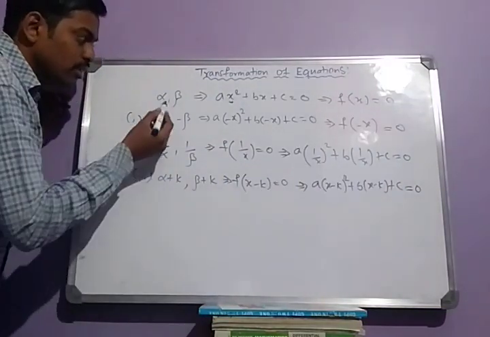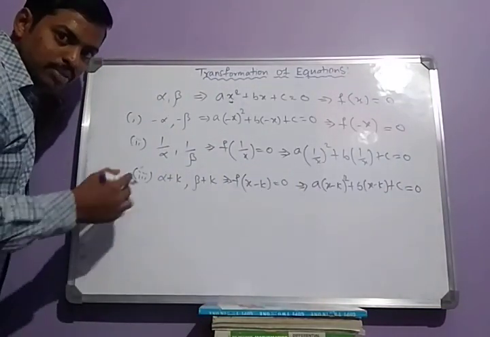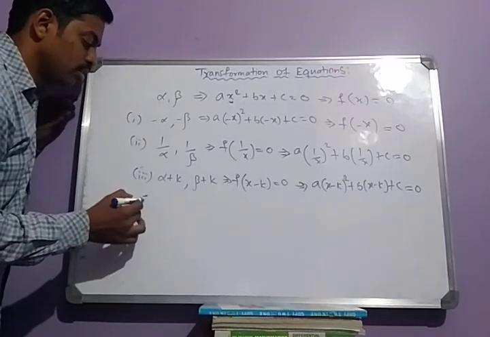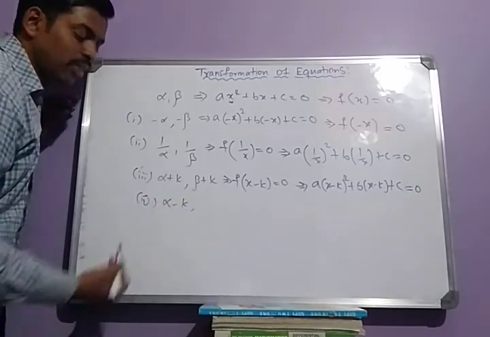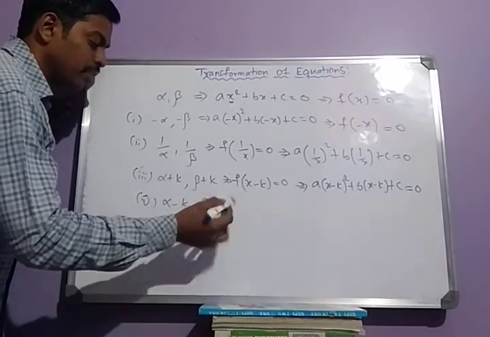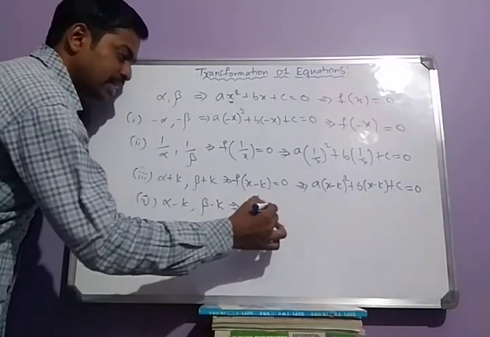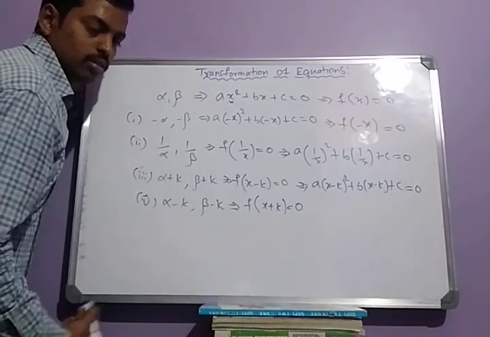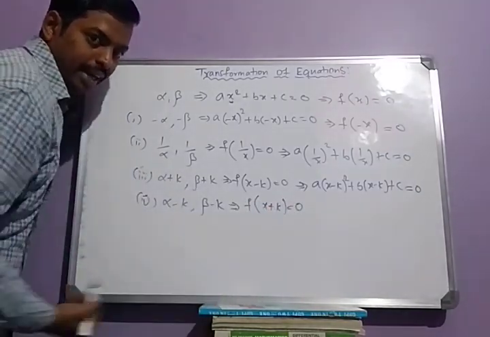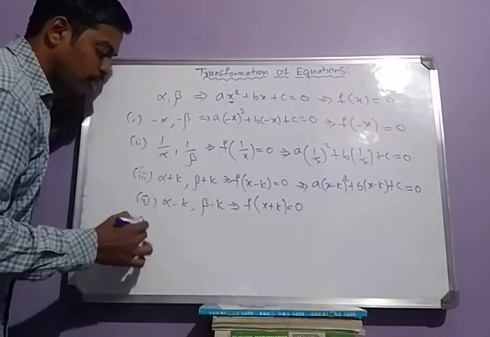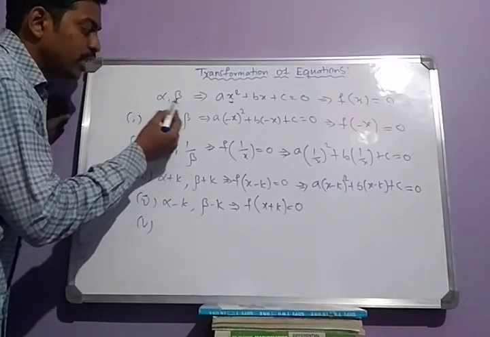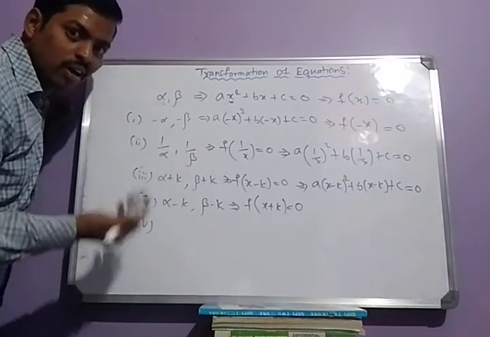Similarly, if both roots alpha and beta are subtracted by a constant k, that means if alpha becomes alpha minus k and beta becomes beta minus k, then f of x will become f of x plus k equal to 0. So you know what to write here, right? Then the fifth possibility. What if both the roots alpha and beta are multiplied by a constant k?